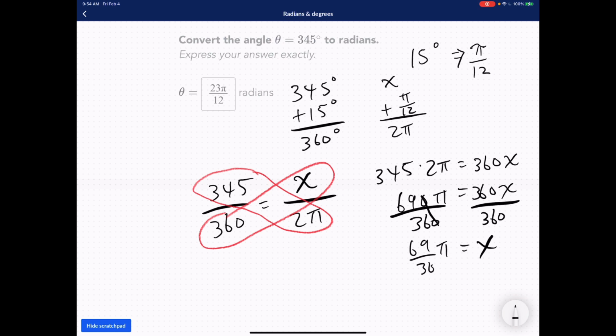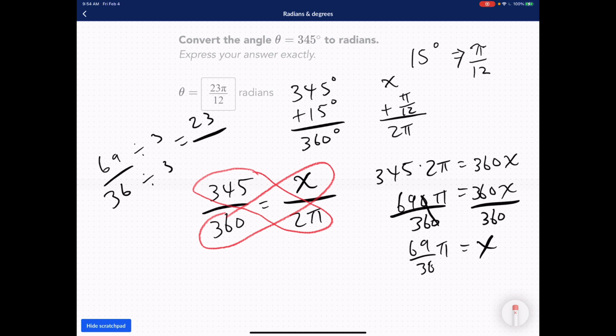So let's simplify 69 over 36. We're going to divide the top and bottom by 13. And then 69 divided by 13 is just 23, and then 36 divided by 13 is... no, that's not right. My bad. We can't divide by 13.